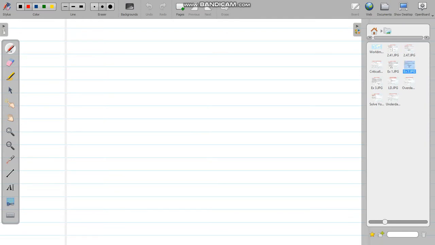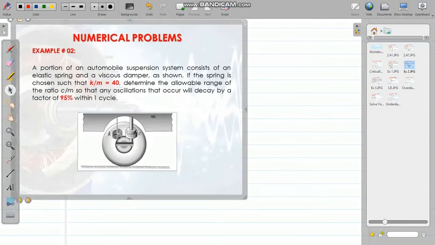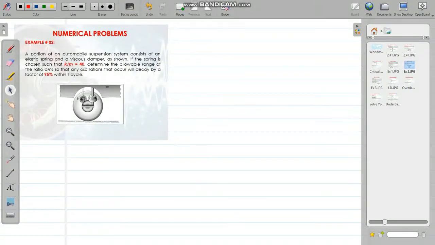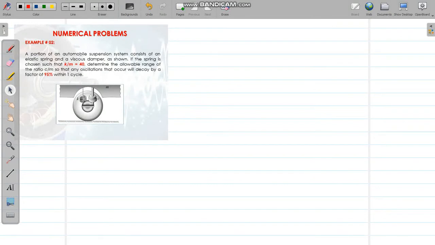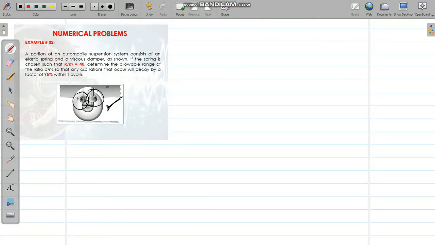First we will attempt example 2. In this example, there is a simplified model of the car shock absorbers. If you just imagine, or you have seen, car shock absorbers, they consist of a spring and a damper.